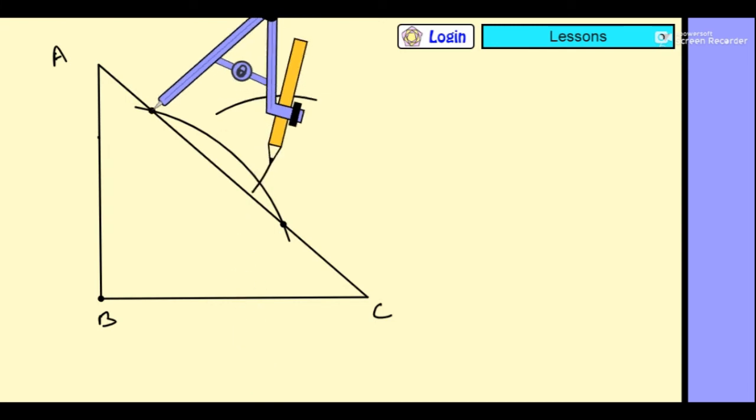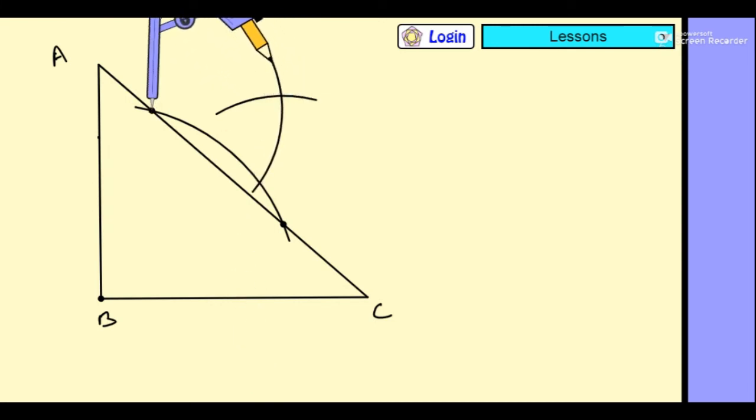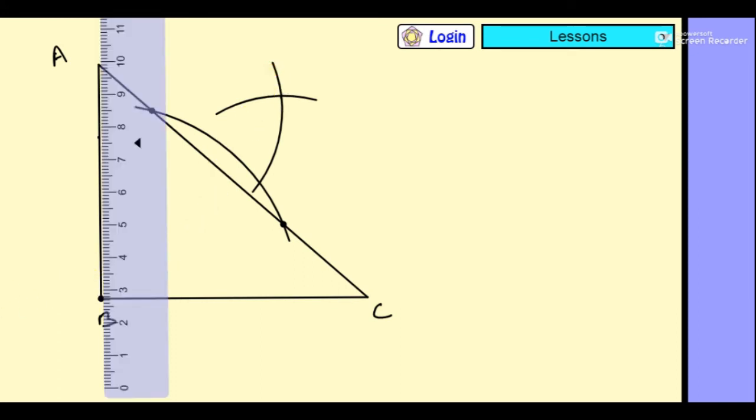Make another arc like this and remove the roundel, and with the help of a scale join to this point. This and this point are joined with the help of a scale.